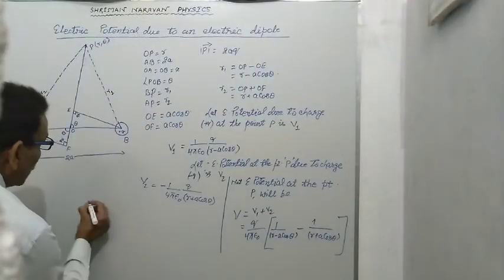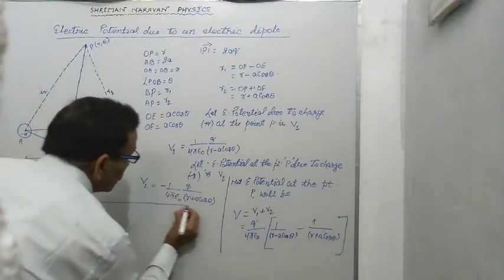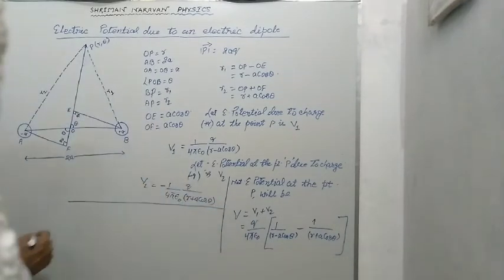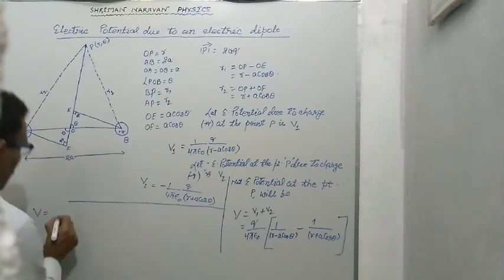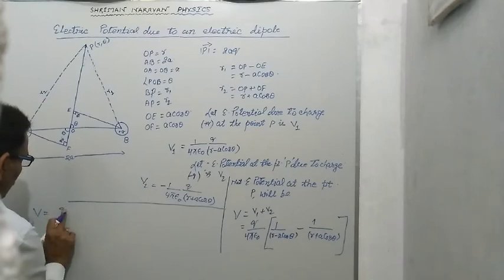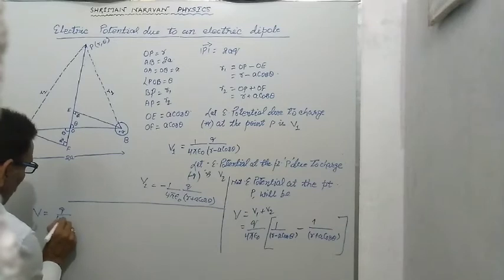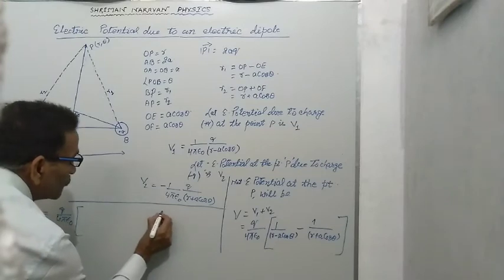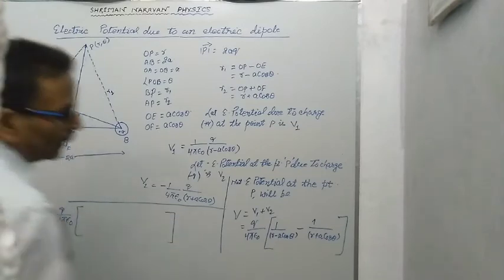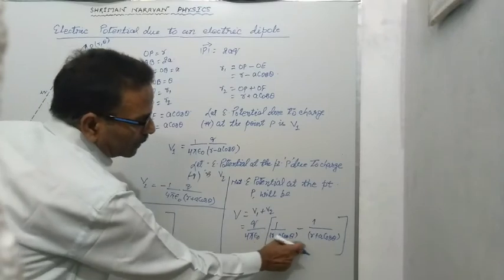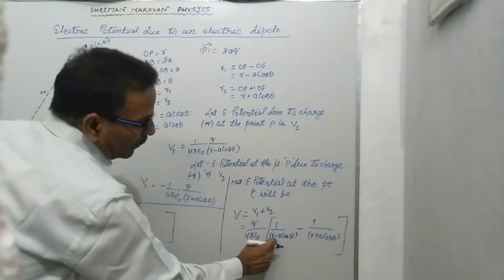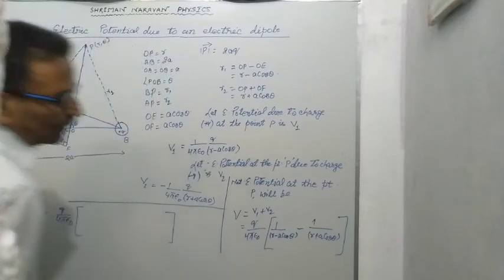Now try to solve this. How will you solve? V will be equal to Q by 4 pi epsilon naught into, see here, let us take the LCM of r minus a cos theta and r plus a cos theta.